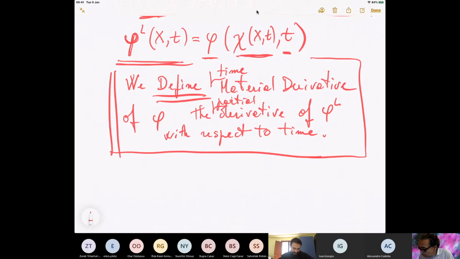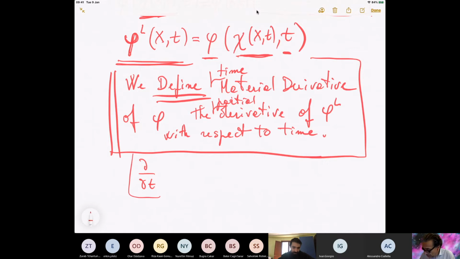Okay, so let us calculate this derivative. So we have d over dt. You understand that this symbol is meaningless if you don't say what is blocked.